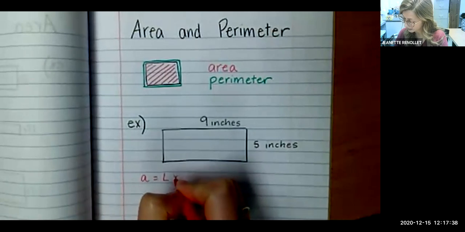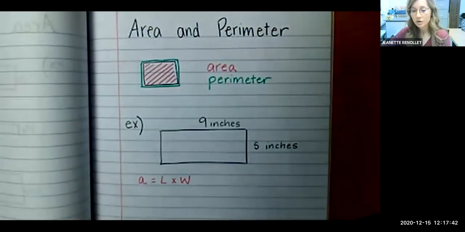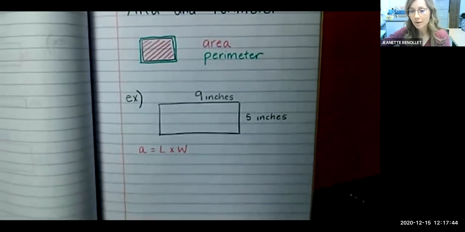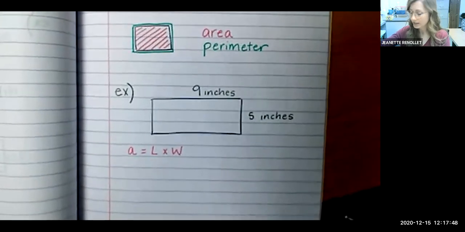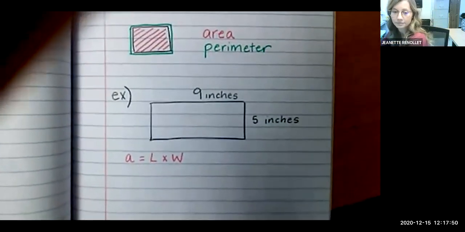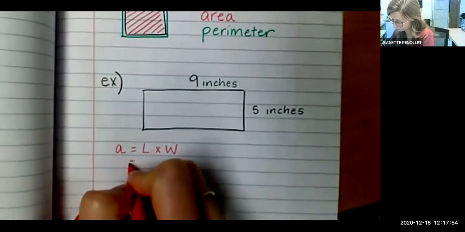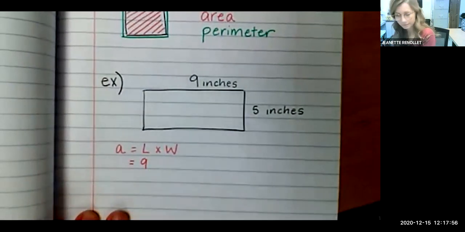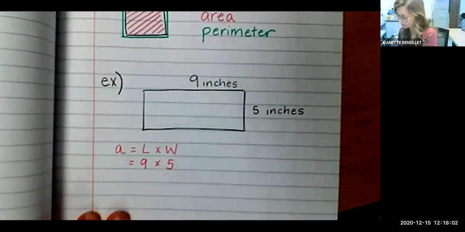So for this example, using my picture frame, I know my length is 9 inches and my width is 5 inches.